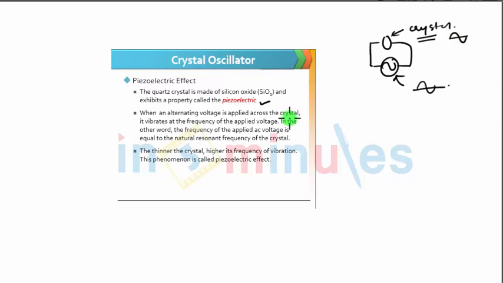When an alternating voltage is applied across the crystal, it vibrates at the frequency of the applied voltage. In other words, the frequency of the applied AC voltage is equal to the natural resonant frequency of the crystal. The thinner the crystal, the higher the frequency of vibration. This phenomenon is called the piezoelectric effect.